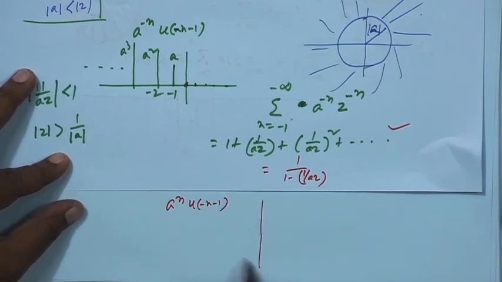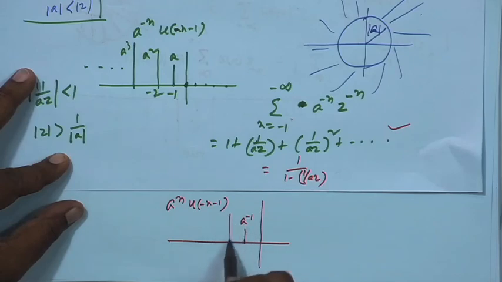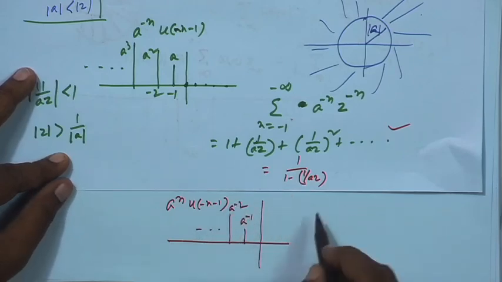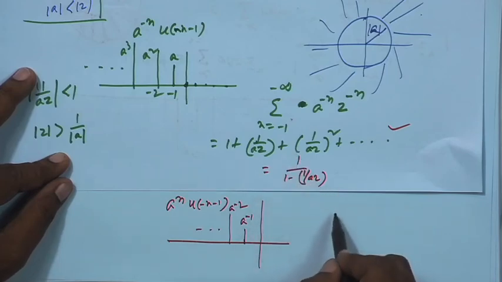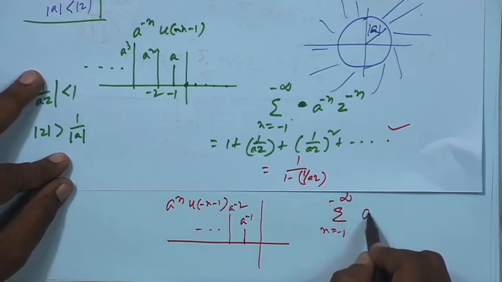In that case, the sequence will be from here only, but n is minus 1. So, it will be a to the power minus 1 instead of a, then a to the power minus 2 and so on. In this case, Z transform will be the same way, a to the power n.